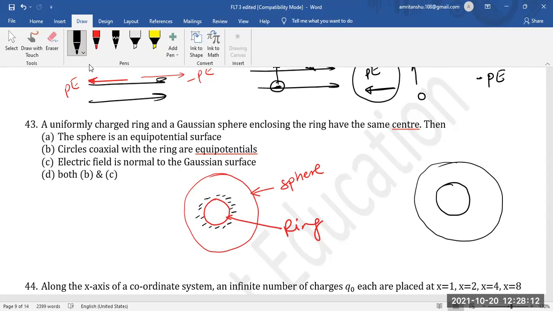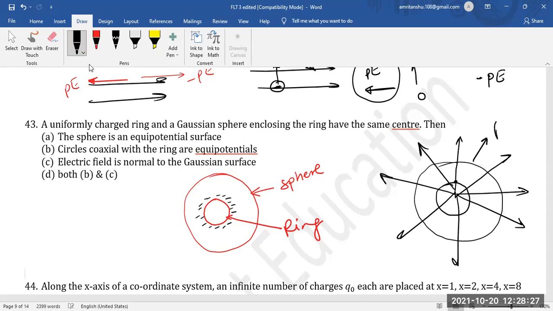Circles which are coaxial to this will be equipotential. The reason is very simple. The electric field lines because of this would be something like this. So this is again a ring, and this is also a ring.